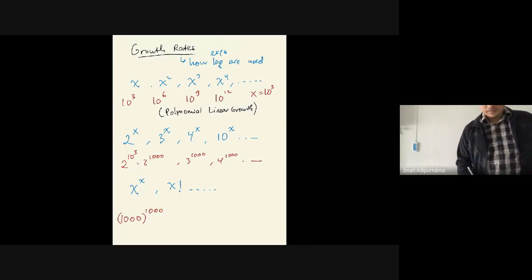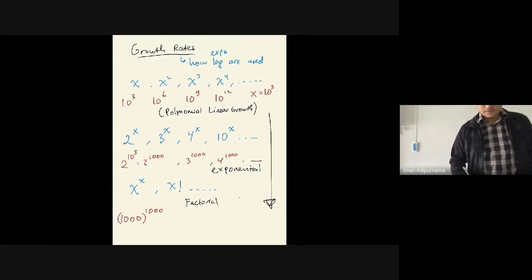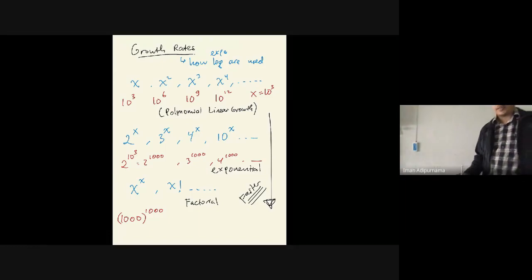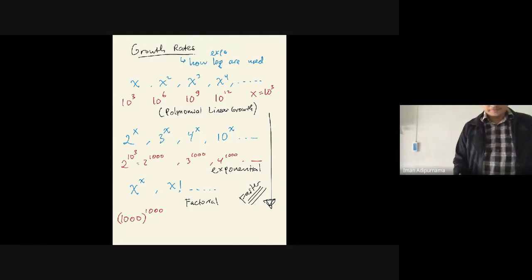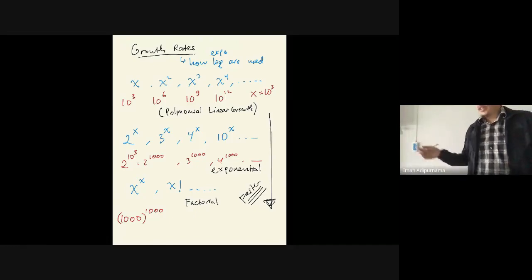And this is what we call the exponential. And then this is what we call the factorial. So from top to bottom, it's getting faster. If you see the graph, you will see that the exponential will be above the polynomial. And also factorial will be even faster.